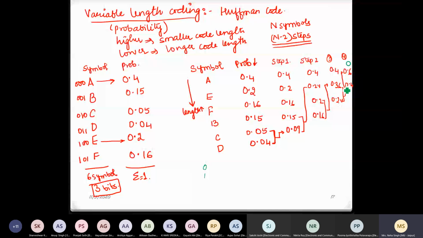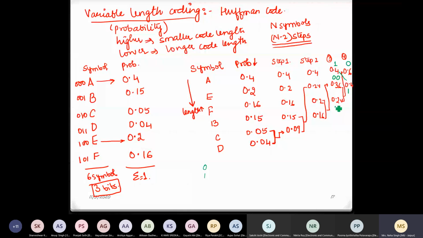So I propagate this 0 backwards so that I get a 0 for 0.36 and a 0 for 0.24. But at this level I add another bit to distinguish between them, otherwise both codes would be 0. So I put the code 00 on the top and the code 01 at the bottom. This 0.4 got the code 1, which needs to be transmitted backward here. So the code for the 0.4 probability would be 1.